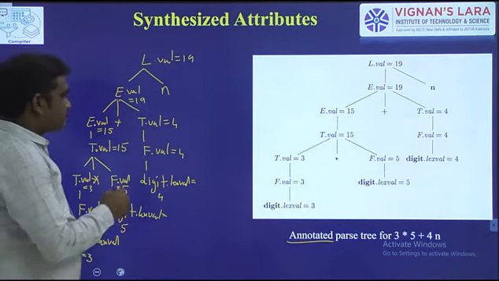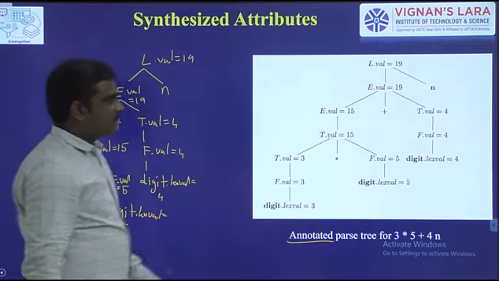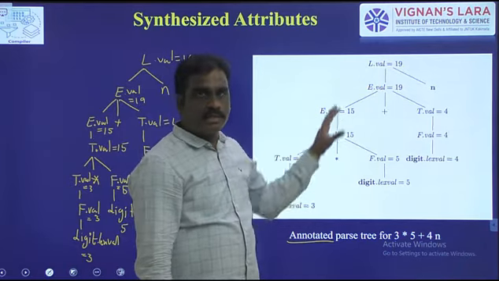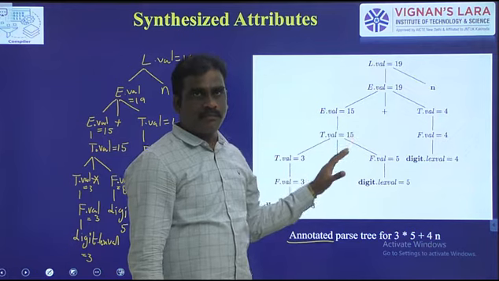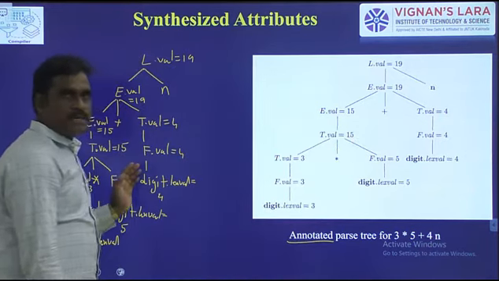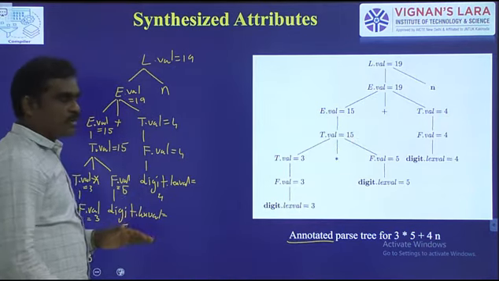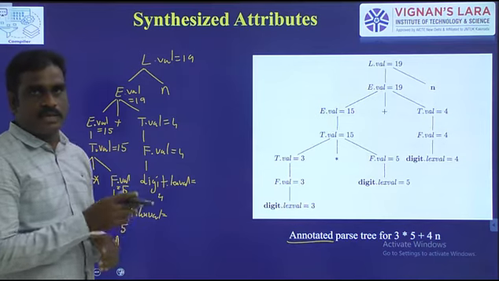So in this way, we have constructed the annotated parse tree. Before this one is the parse tree and this is the annotated parse tree. What is the difference between the parse tree and annotated parse tree?